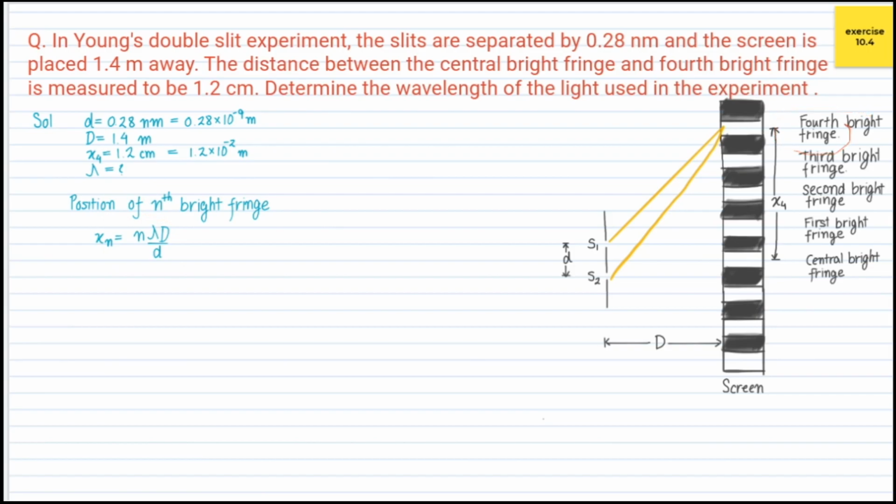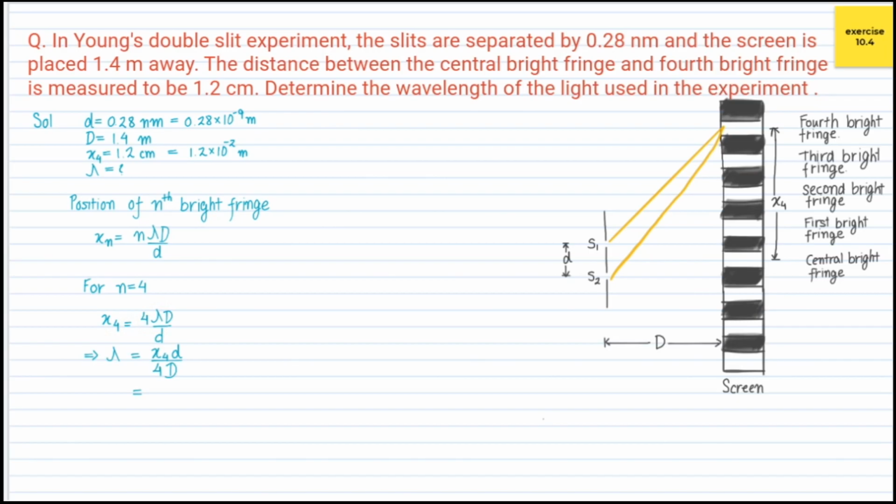So your n equals 4. It is x4 equals 4 lambda D upon d. Now let us send this small d to the other side. It will go to the numerator, and capital D will go to the denominator, as will the 4. Then we can find our wavelength lambda.